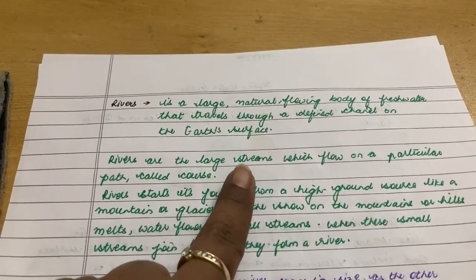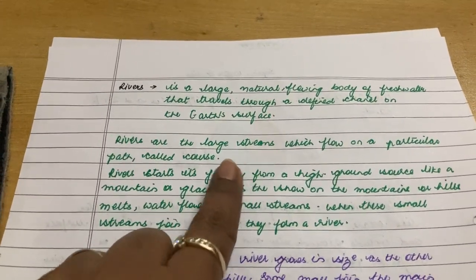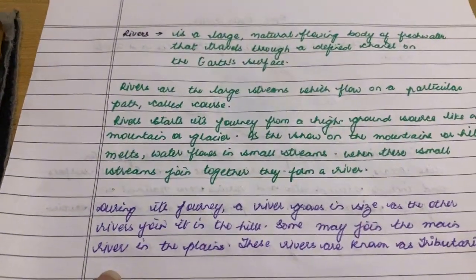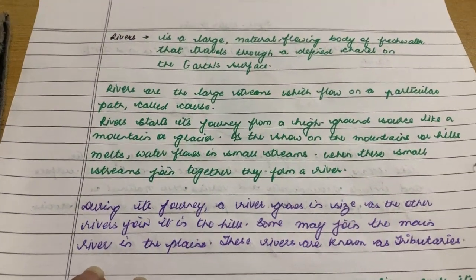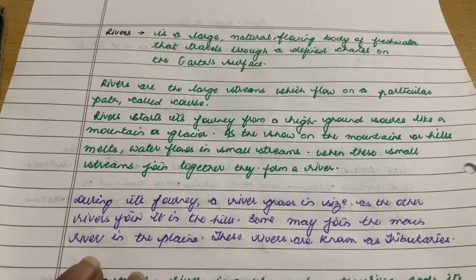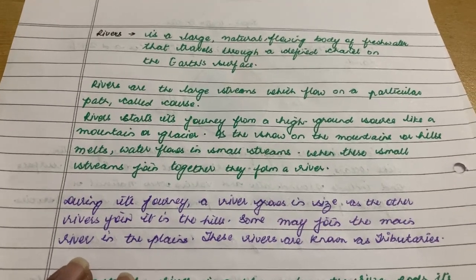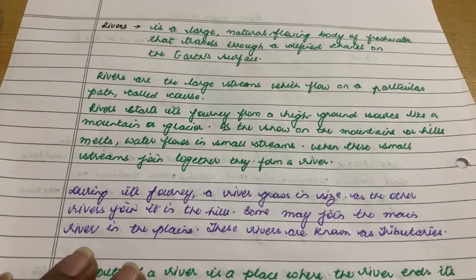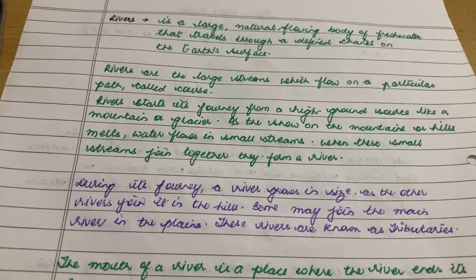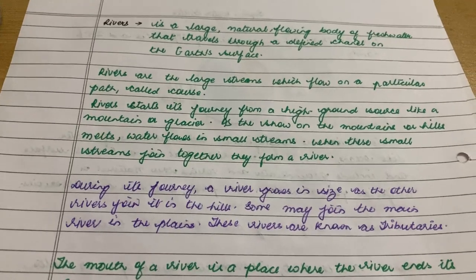Rivers are large streams which flow on a particular path called a course. So this path is technically called a course. Then the river starts its journey from high ground sources like a mountain or a glacier. As the snow melts, water flows into small streams. When these small streams join together, they form a river.